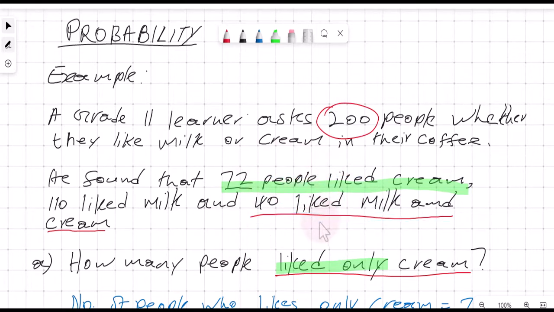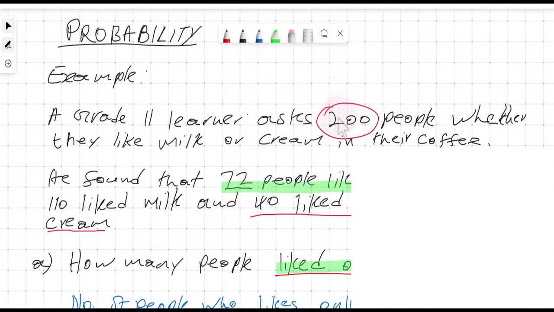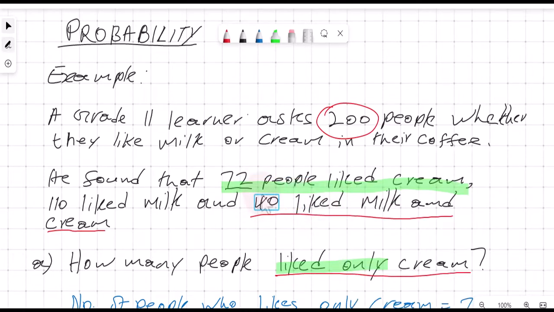Let me repeat again. If you want to know how many people didn't like milk or cream in their coffee, we take the total number of people, which is 200, and subtract those who like cream and milk, subtract those who like milk only, and subtract those who like cream only.